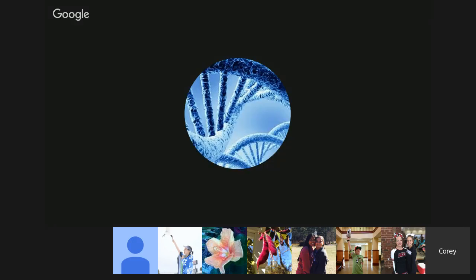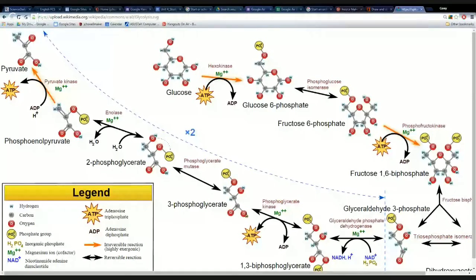Okay, Yuma, are you able to see this figure with all of these molecules?